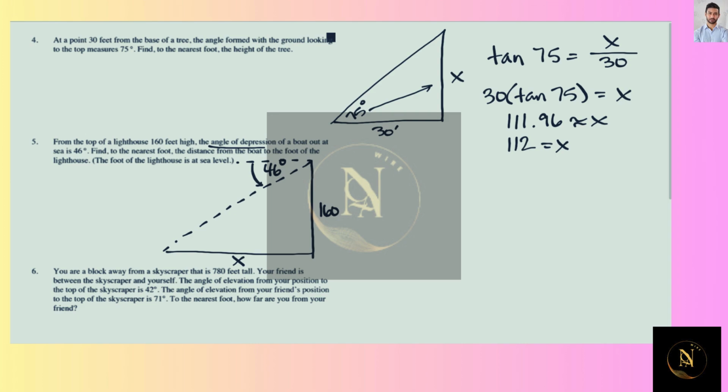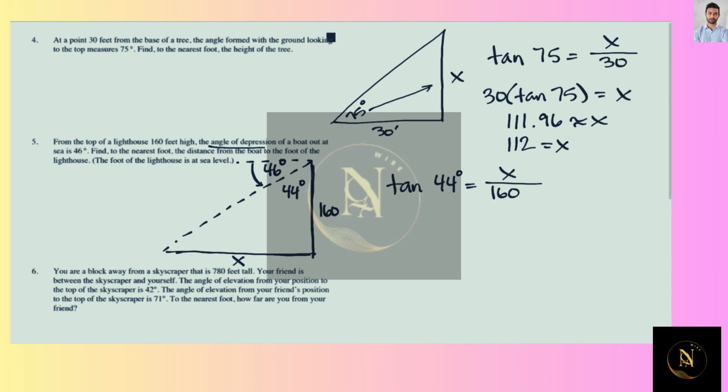If the angle of depression is 46 degrees, they have to add up to 90, so this would be 44 degrees. And again, I have the opposite and the adjacent side, so I'm going to be using tangent as well. I'm going to set this up as the tangent of that angle, 44 degrees, is equal to the opposite divided by the adjacent side.